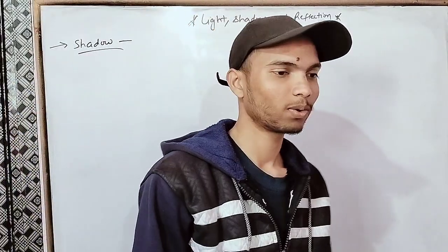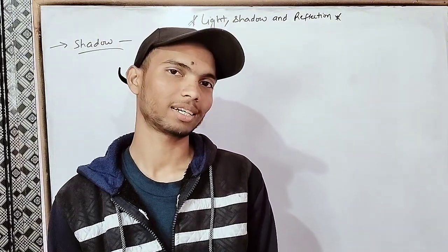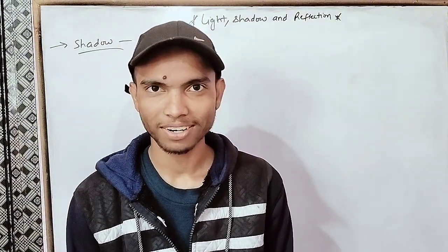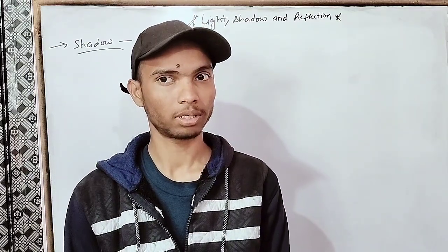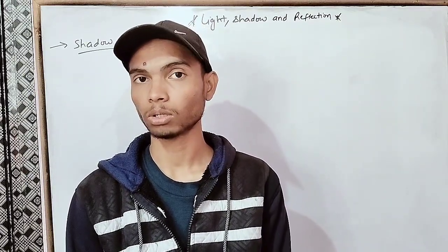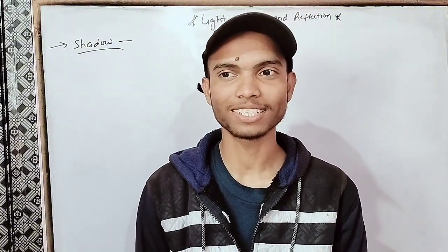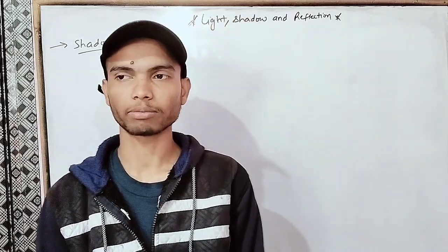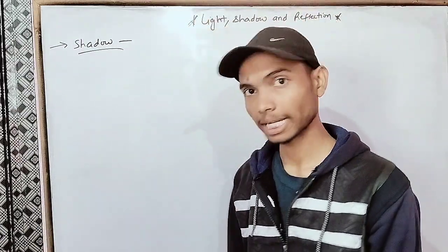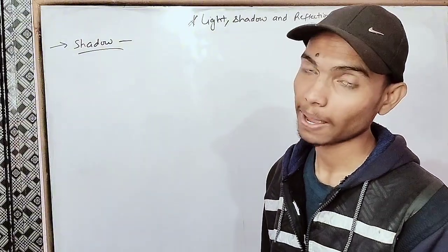By shadow, what would you like to say about shadow? We understood that the color of the shadow is black, always, forever. And that's true, the color of the shadow is always black.